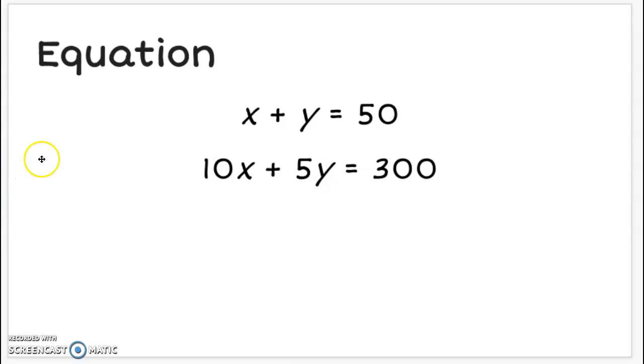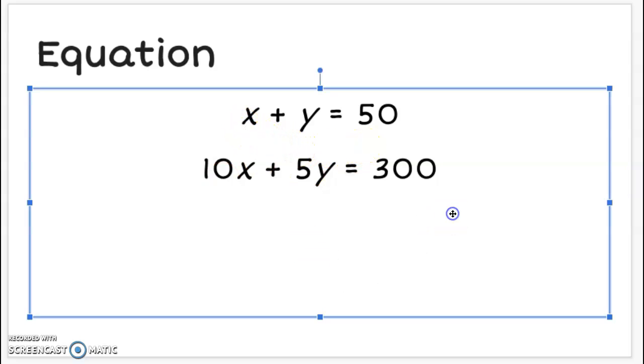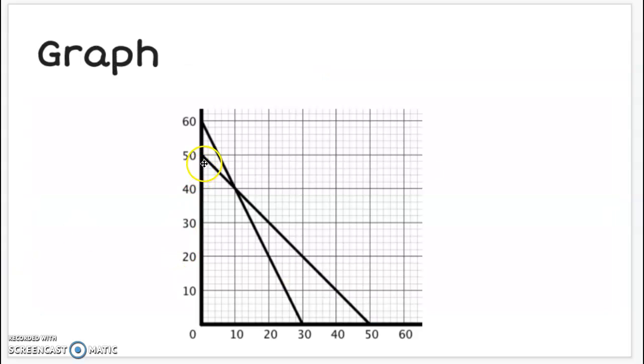So x plus y equals 50. If I was going to make this, I would actually subtract, so y equals 50 minus x, just because that is standard form. If I were to put in a 0 for x to get the y-intercept, it'd be y equals 50. So let's look at our graph. And we have y equals 50.